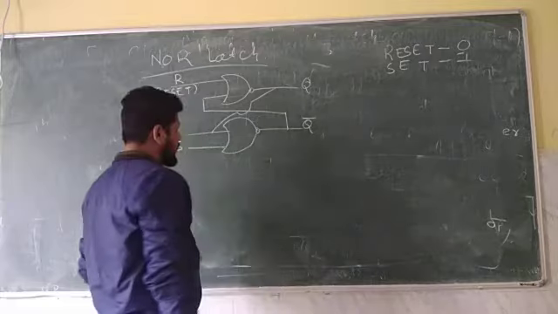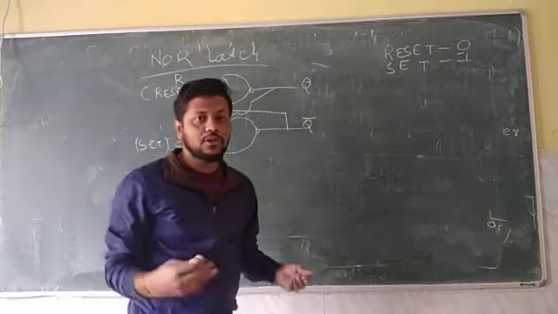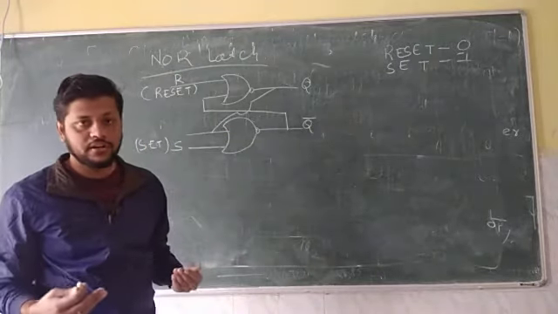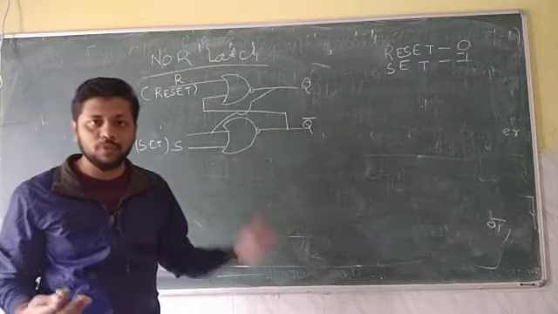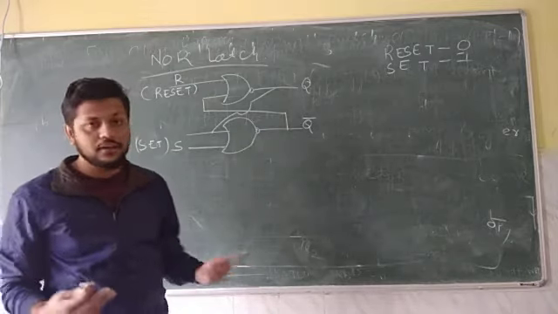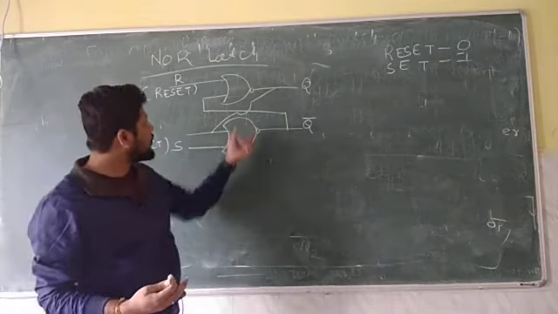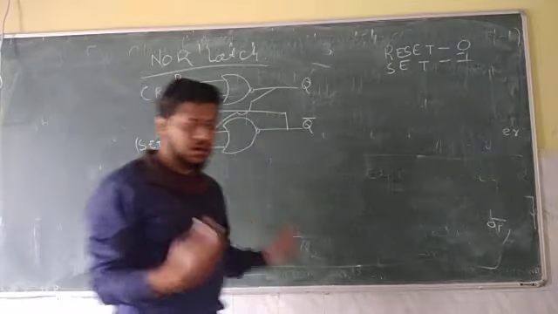So let me first explain the truth table for the NOR gate. How this is going to act like a memory element, I am going to prove it. Before that I need the truth table for this NOR gate, as we have already studied.